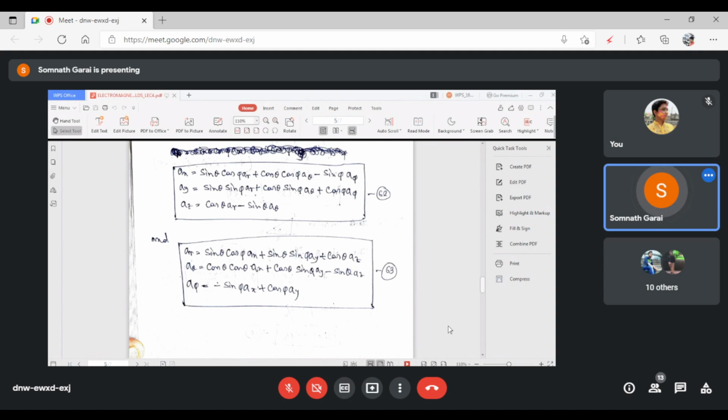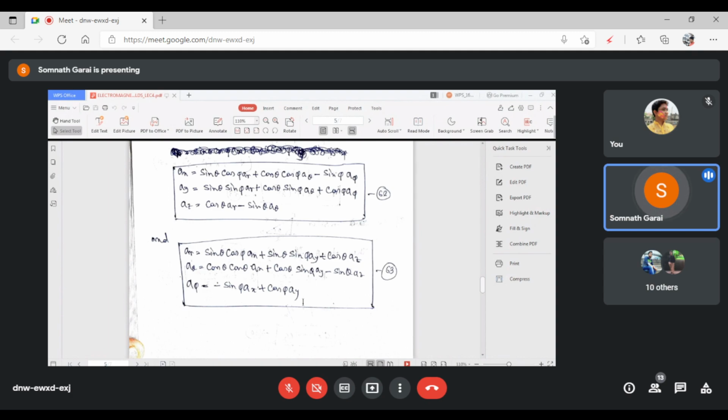And a theta is equal to cos theta cos phi ax plus cos theta sin phi ay minus sin theta az, and a phi is equal to minus sin phi ax plus cos phi ay.